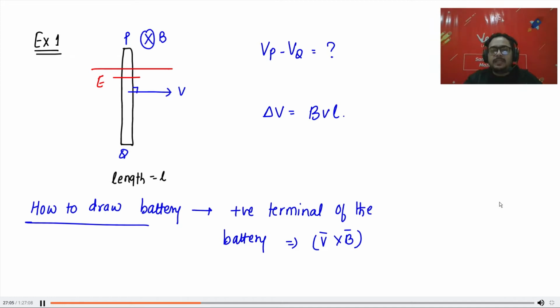So this much EMF is generated, BVL. This is BVL. Can you tell which point is at the higher potential? Which is at the higher potential, which is at the lower potential? Because this is the positive plate, the bigger plate, and this is the negative plate. So I can say P is at the higher potential.